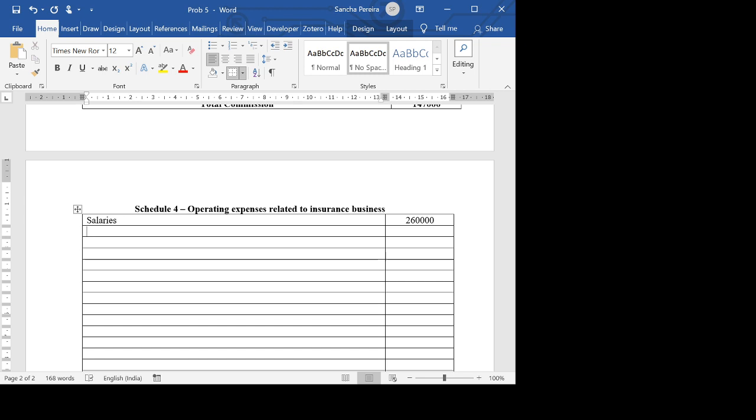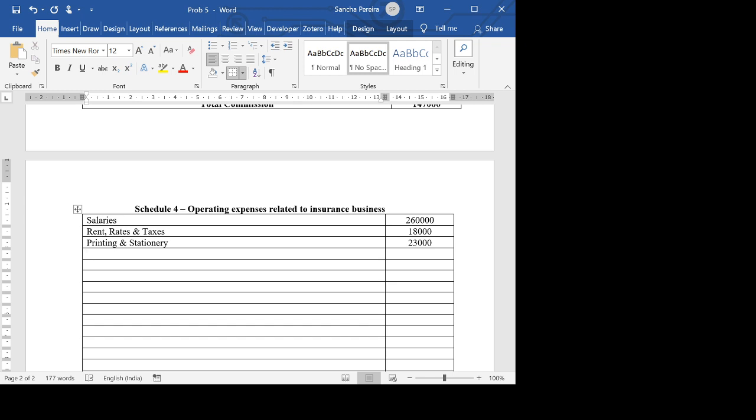Then we have rent, rates, and taxes, which is 18,000. Printing and stationery, which is 23,000. Like I said, provision for tax doesn't come here, it comes as a separate item.